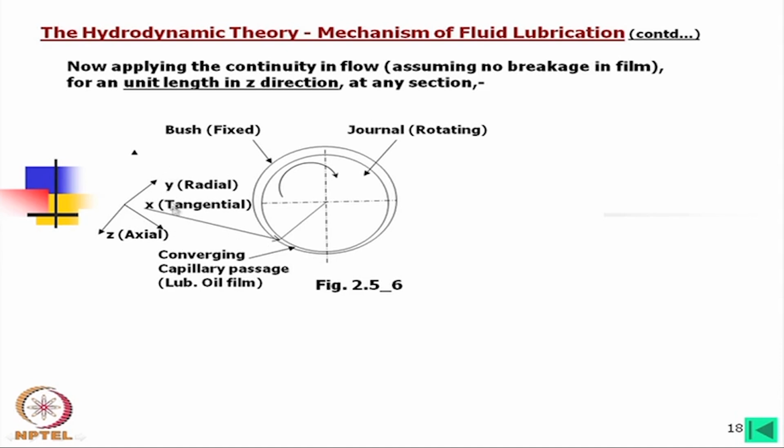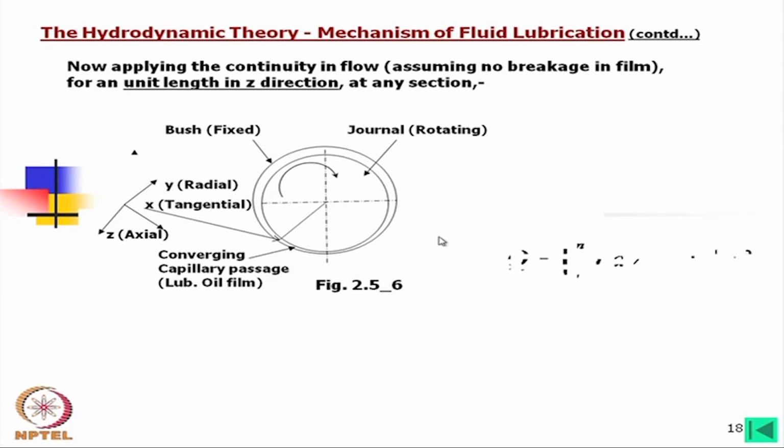This is the y direction we have considered, and the converging capillary passage is moving like this. From here to where the minimum gap is, there will be the converging fluid, and here the pressure distribution will be there, we will see later.